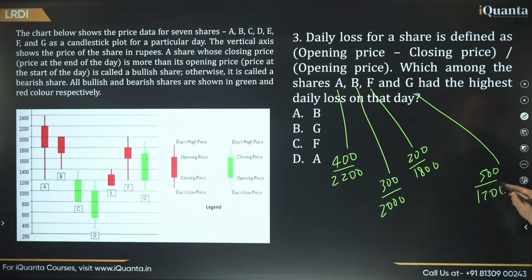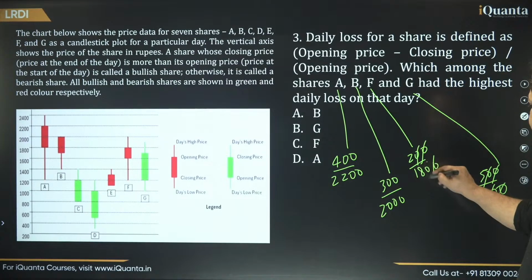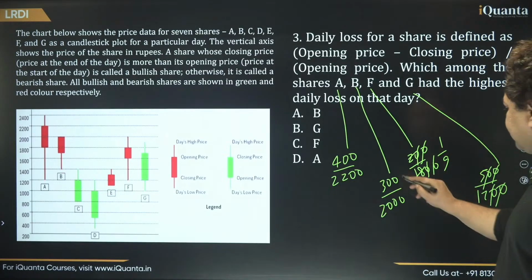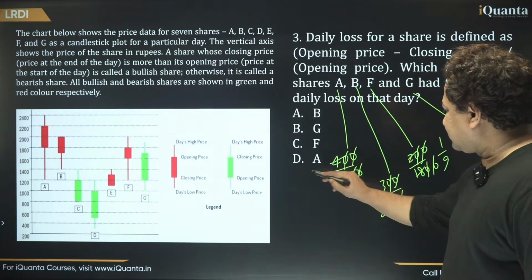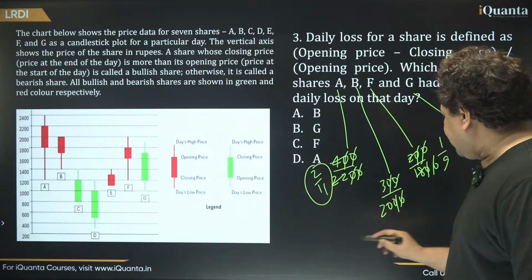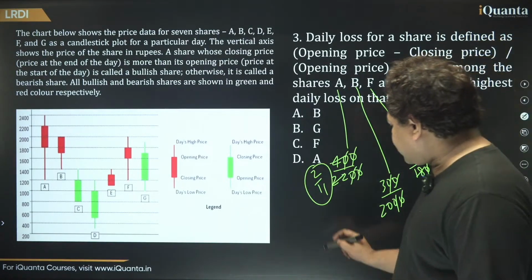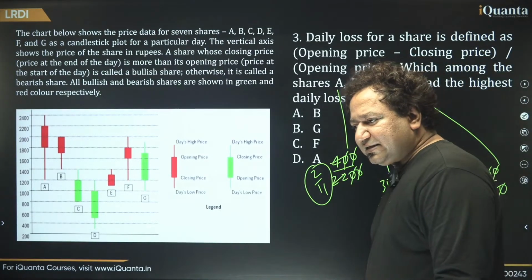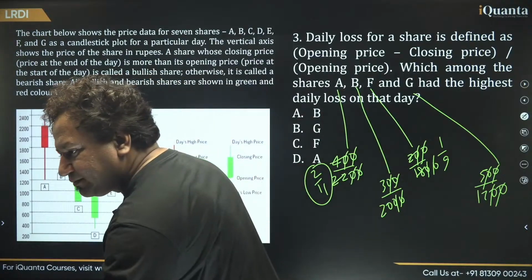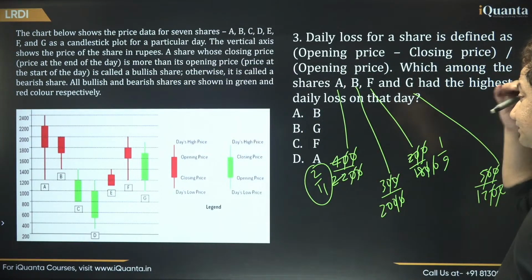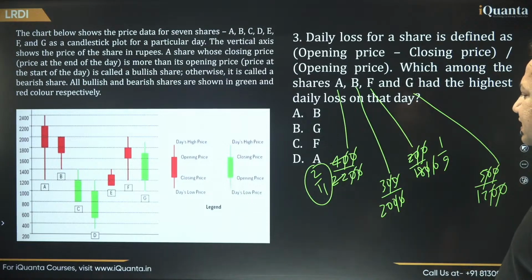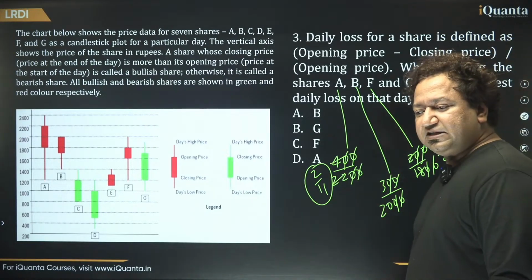Which one of it is highest? This is 1 by 9, 3 by 20. This is 2 by 11. 2 by 11, 3 by 20. What is 2 by 11? 1 by 11 is? Yeah, Ayushman. ठीक है? Is that clear? 2 by 11 is how much? 1 by 11 is 0.09.